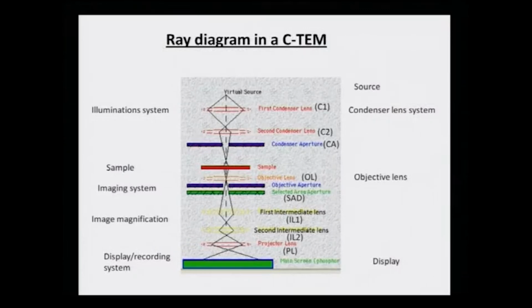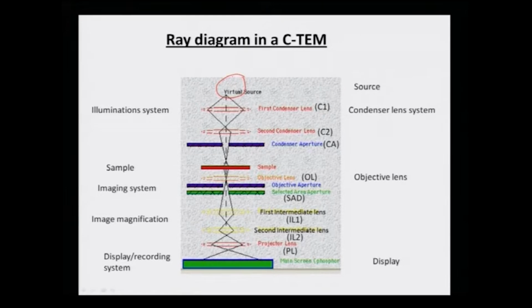If I describe this in terms of a simple ray diagram, it looks like this, shown in the slide. You have basically a source here. The source can be electrons. We will discuss how different sources can be developed for the electron microscope also.